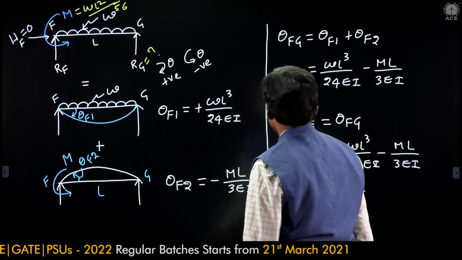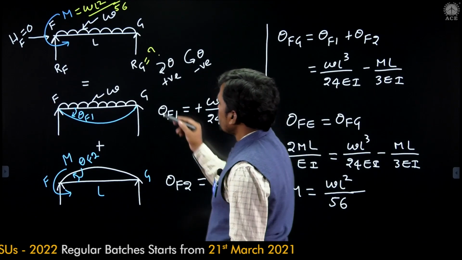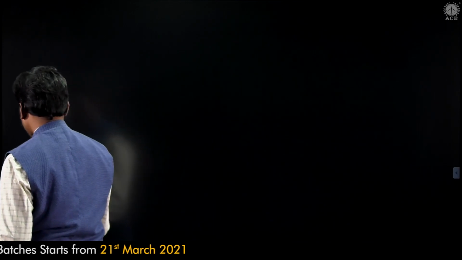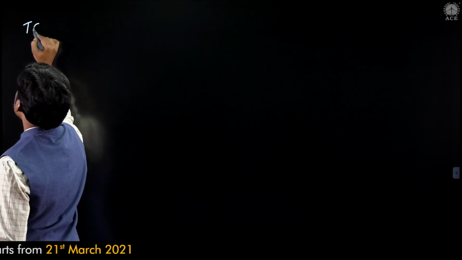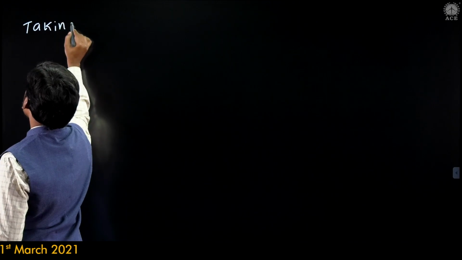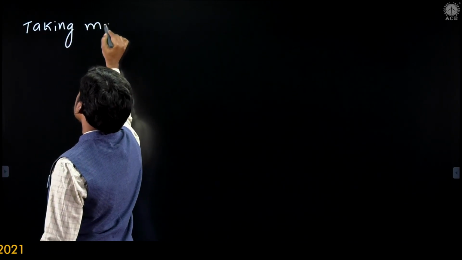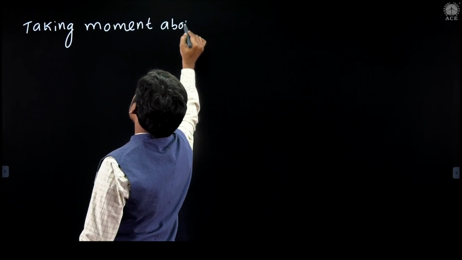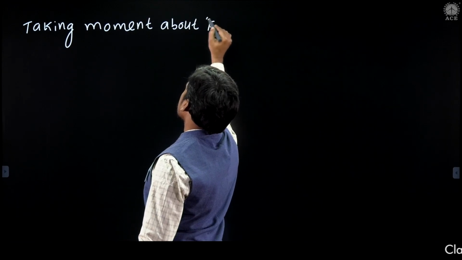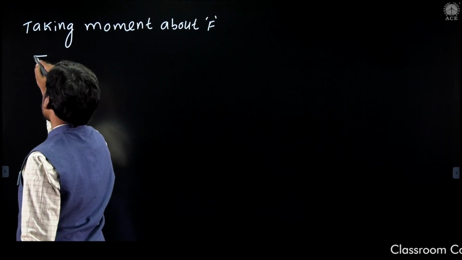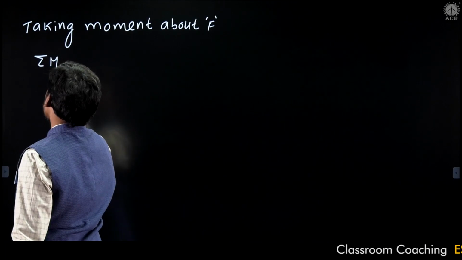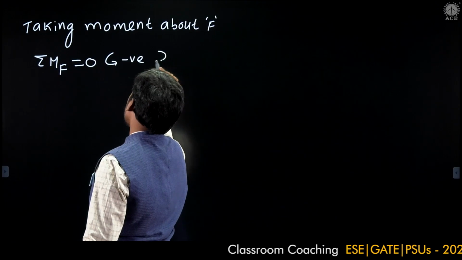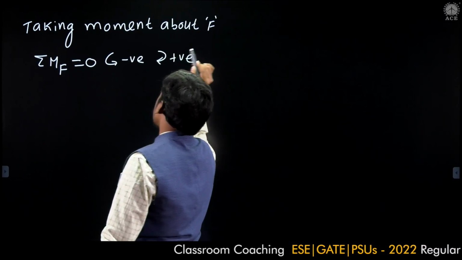Okay, right. How? Look here. Taking moment about F. Sign convention: anti-clockwise negative, clockwise positive.